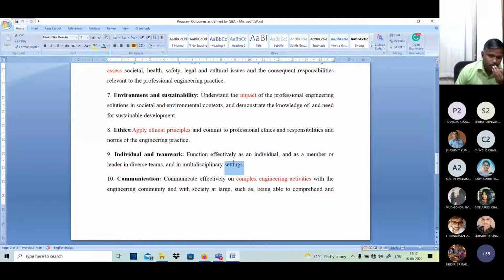When you are doing the projects, you are able to know how to form the team, how to divide the work between the team members, then how to collect the members' modules, then again how to combine all the modules together to complete the project. So you can learn that partitioning, dividing the work and managing the people, right? And adapting the teamwork. So all these things you will be able to learn.